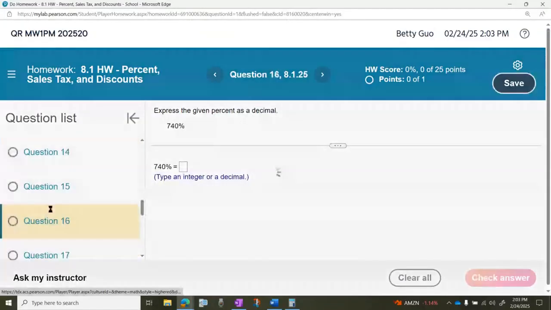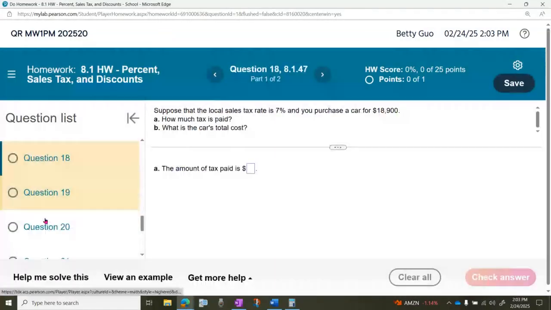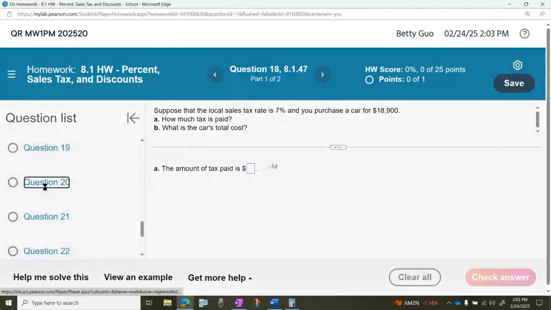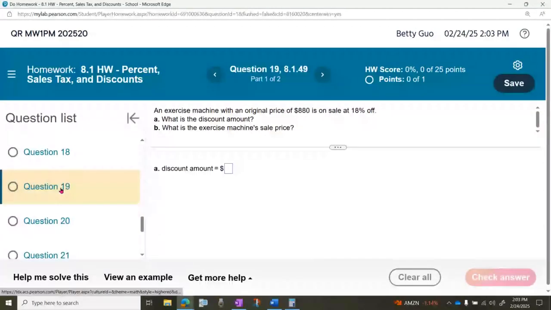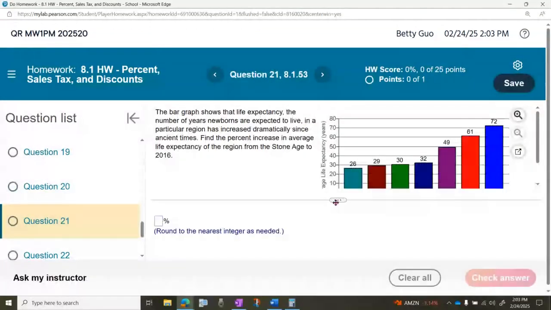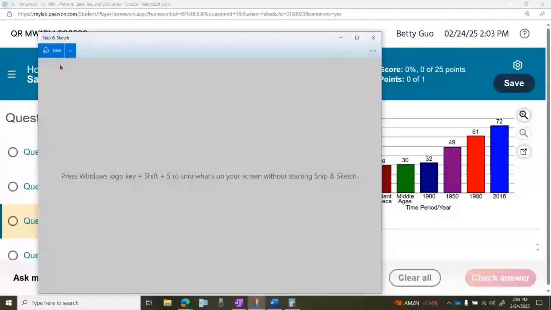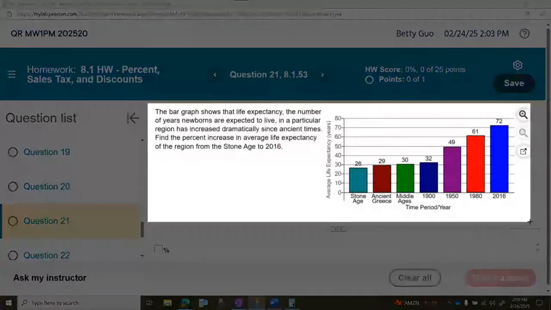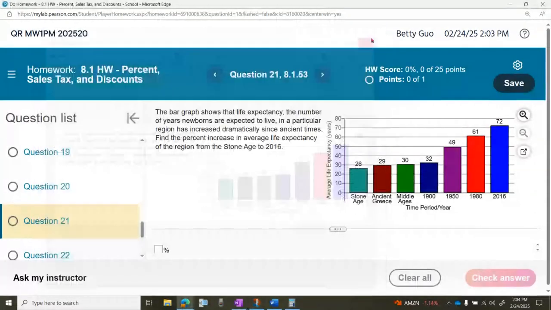Yeah, this one, guys. Find the percent increase. There are always students asking about this, and very likely you will have this problem on the test.